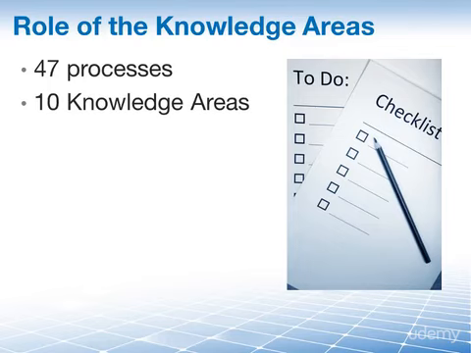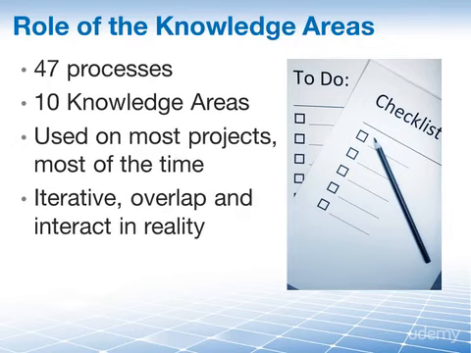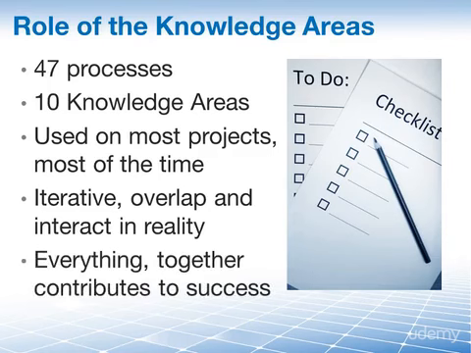The 10 knowledge areas are used on most projects most of the time. Everything is intertwined, overlaps, and interacts in reality. Just like no process group is an island unto itself, no knowledge area can accomplish the objectives of a project without interacting with the other knowledge areas. Success is found when you use all the tools at your disposal to the fullest extent.